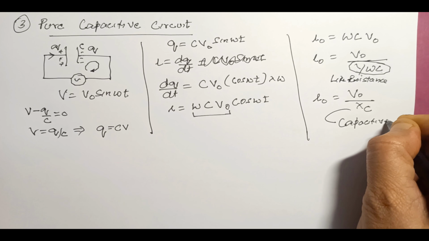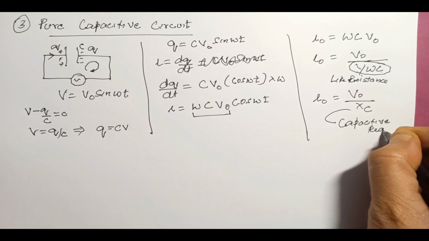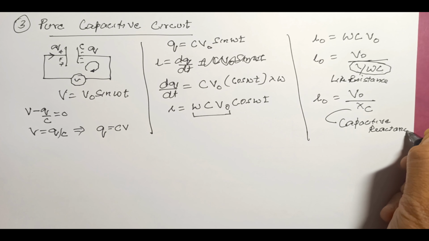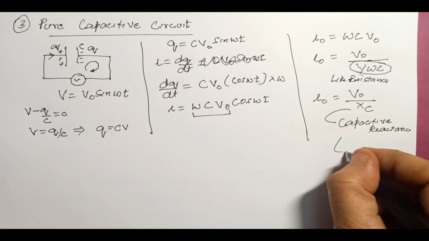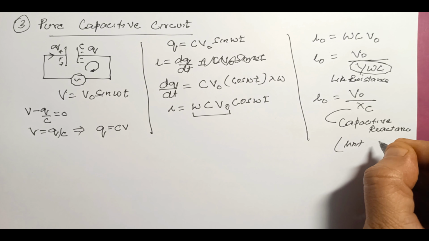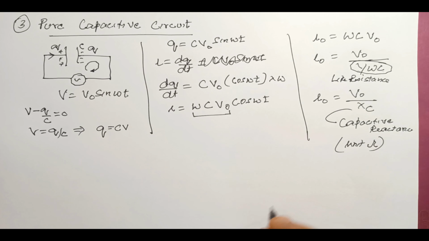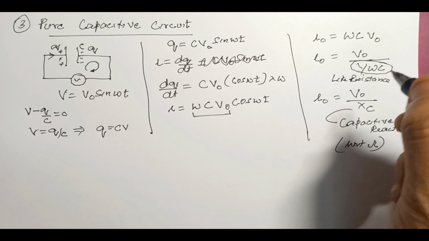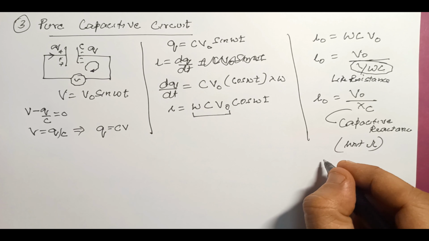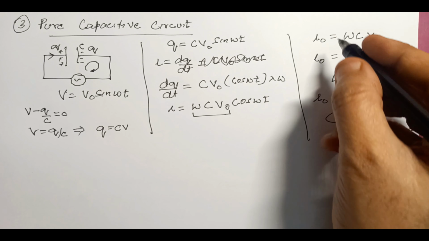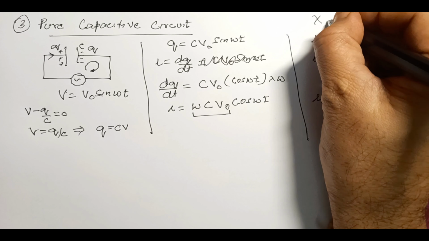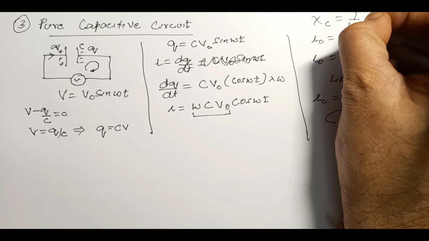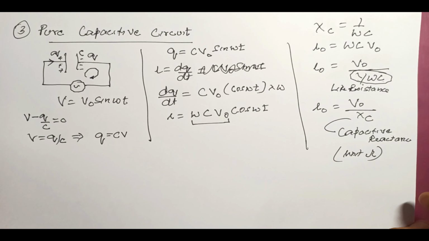And the unit, as I taught earlier, will be ohms. XC is equal to 1 by omega C.